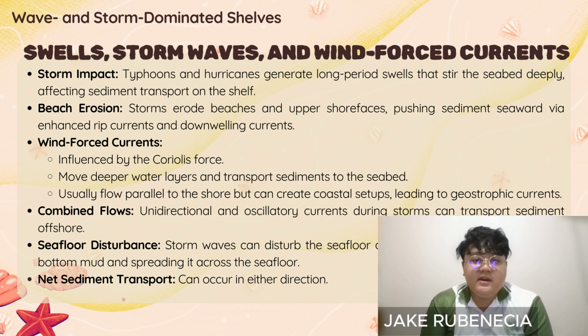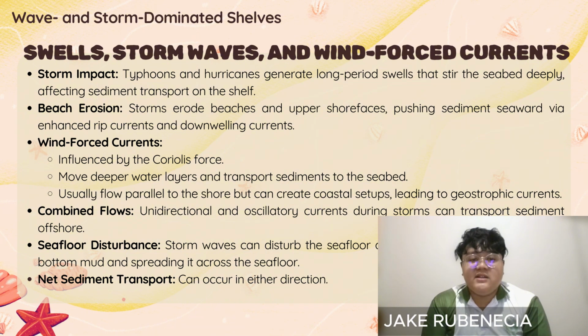Energetic storm waves and elevated tides erode the beach and upper shoreface, pushing sediment seaward through storm-enhanced rip currents and downwelling currents. Wind force currents created by wind shear stress move deeper water layers, which are deflected by the Coriolis force. This force, caused by Earth's rotation, deflects moving objects to the right in the northern hemisphere and to the left in the southern hemisphere.